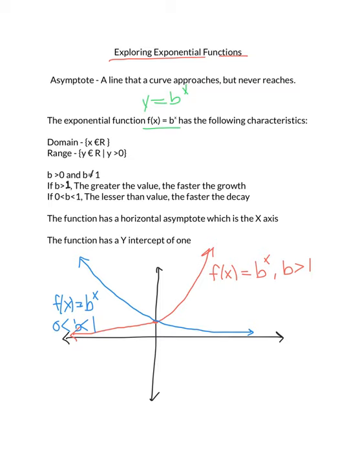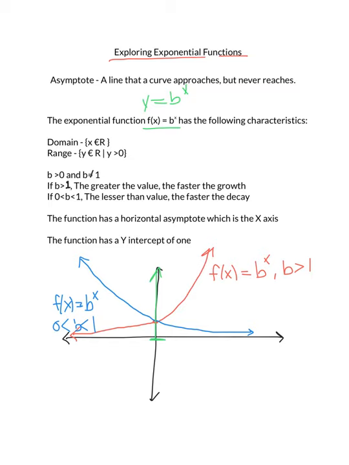Our range is y ∈ R such that y is greater than 0. So all of our function will be above the 0 in the y-axis. So everything will be positive. Notice it also does not say equal to 0. It is strictly greater than 0.